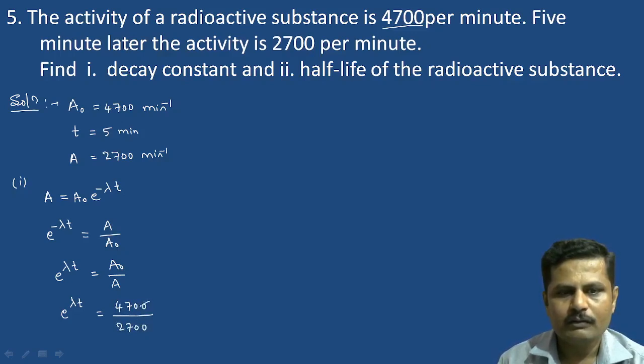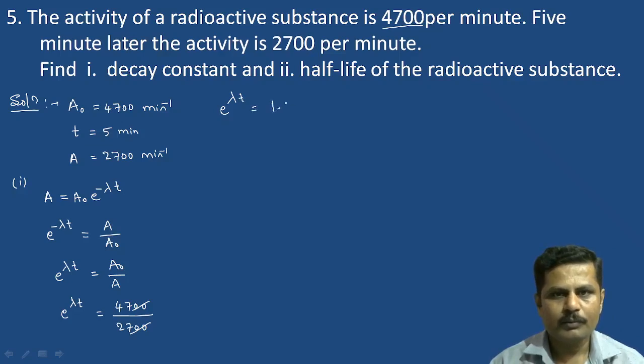The two zeros get cancelled, 47 divided by 27, so e to the power of lambda t equals 1.7407.